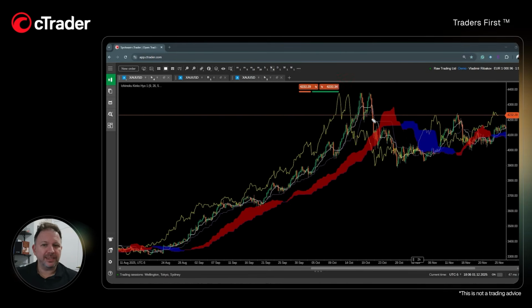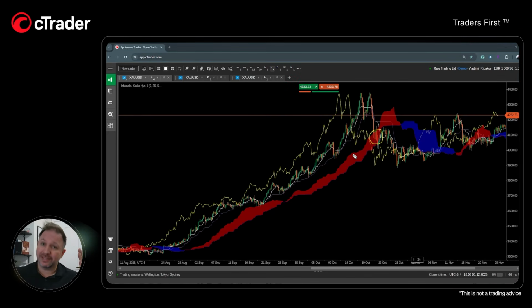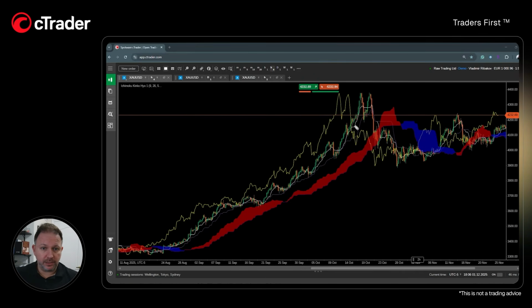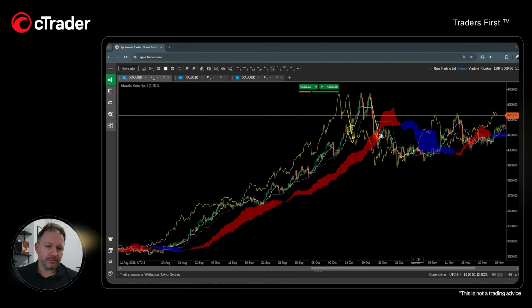And once it does, look for the cloud as a dynamic support if it's under the market price, or dynamic resistance if it is above the price. So in our case here, the yellow line crosses below the price. That means a potential reversal coming. And once it does, look for the cloud as a potential target.